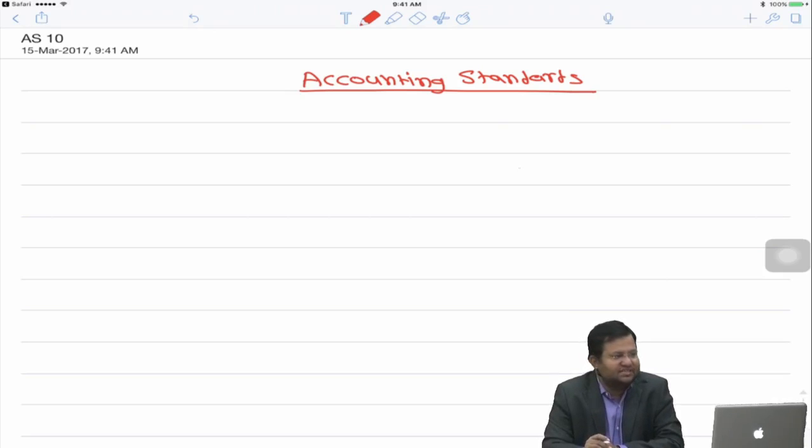Since 1977, ICAI formed the Accounting Standards Board. Till date, ICAI has done a great service to the nation by issuing multiple standards. Around 32 standards have been issued by the Institute over a period of time. However, in the last few years, the situation has undergone a dramatic change in terms of accounting standards.